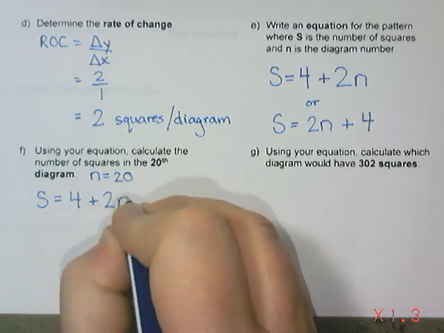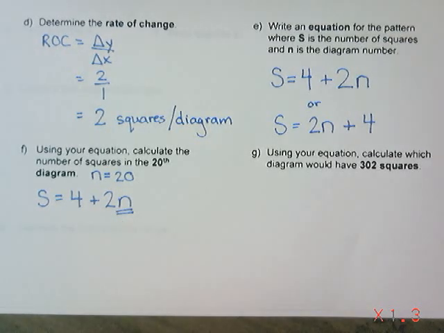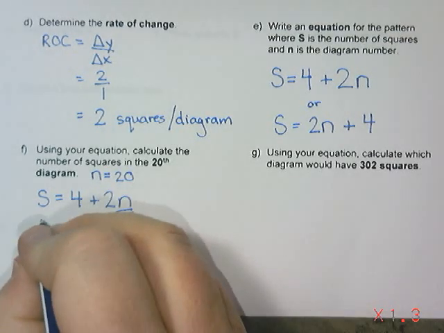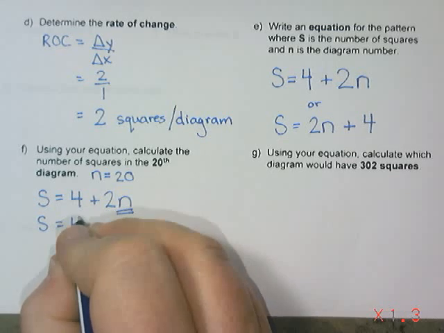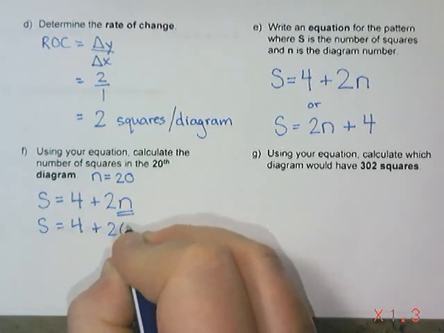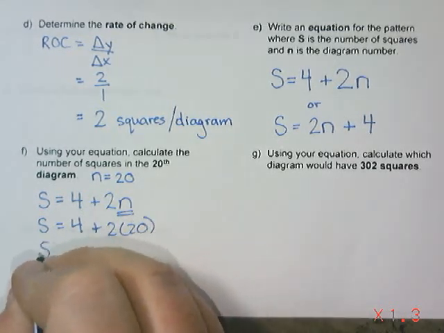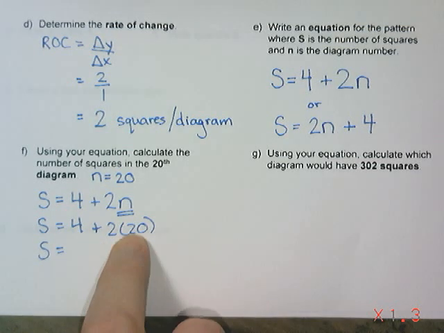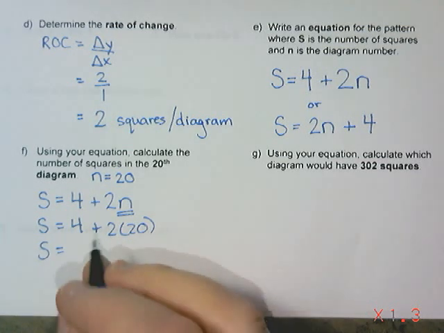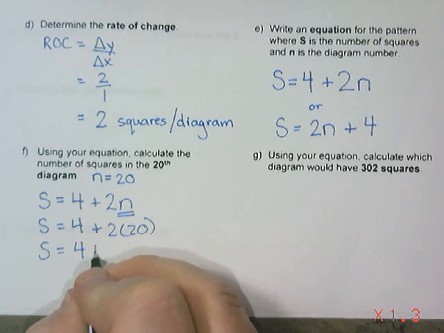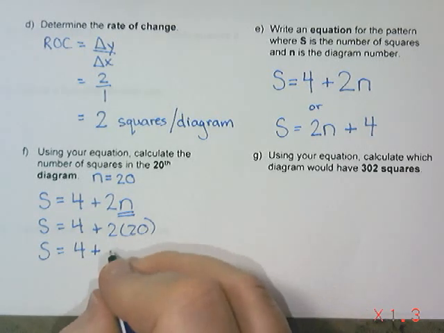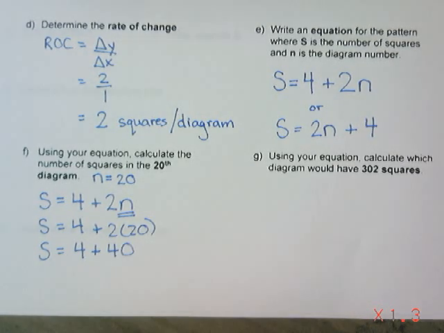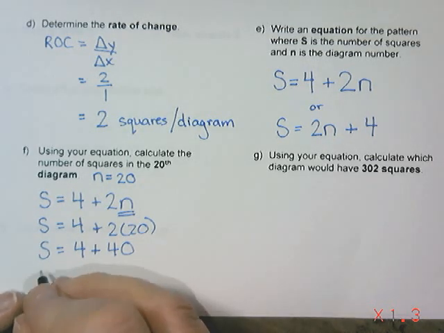And everywhere I see an n, I'm going to put in 20. So I'm going to say S, the number of squares, is 4 plus 2 times 20. I need to multiply before I add according to order of operations. So I'm going to get 4 plus 2 times 20 is 40. And then 4 plus 40 is 44.